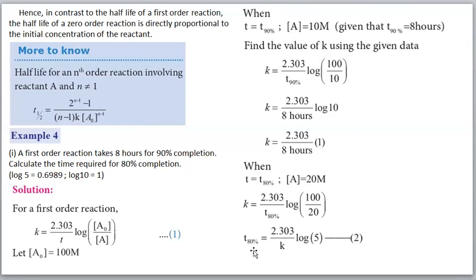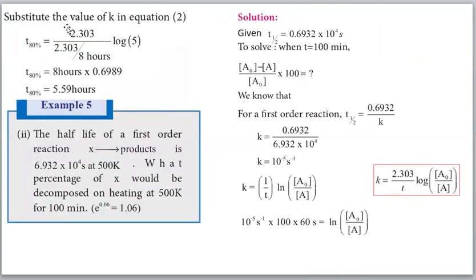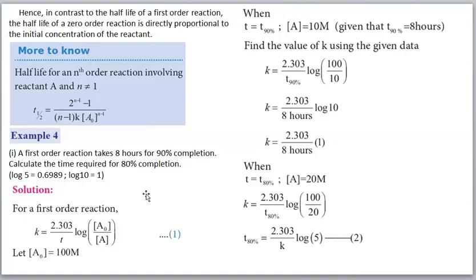So rearranging, we get T 80% equal to 2.303 by K log 5. The log 5 value is given here, and we can substitute it. Substituting the value of K from before, this K value we can substitute here, so the 8 goes to the numerator.